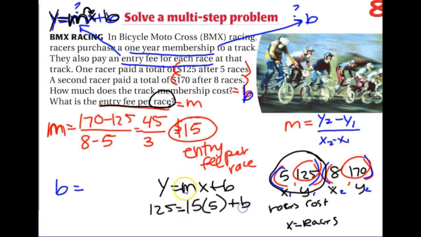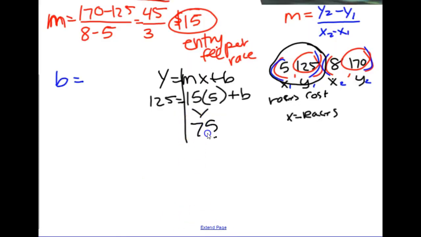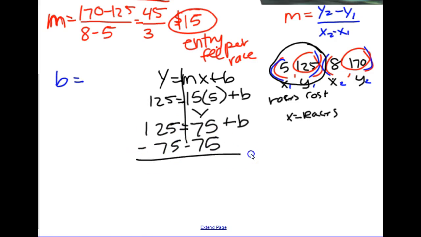And then plus b. 15 times 5 gives me 75. And then we want b by itself, so subtract 75. So 125 minus 75 should give us 50.